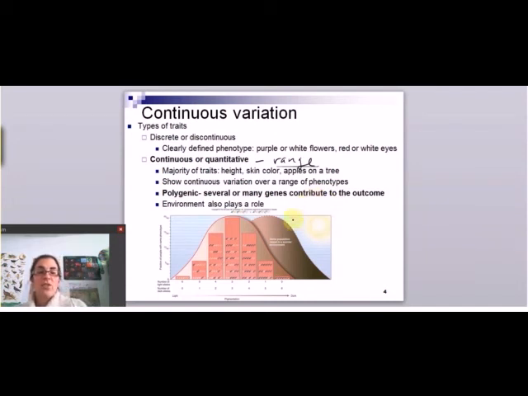It's not that you're exactly 6 feet and somebody else is exactly 2 feet based on their genes. There's continuous variation over the range of phenotypes. This is usually the result of polygenic inheritance. Polygenic means many genes. So many genes control the trait.